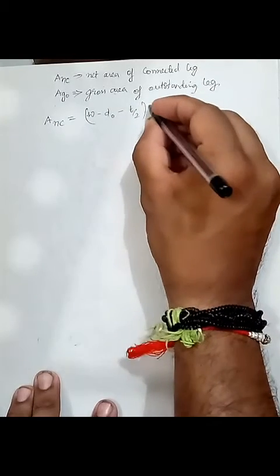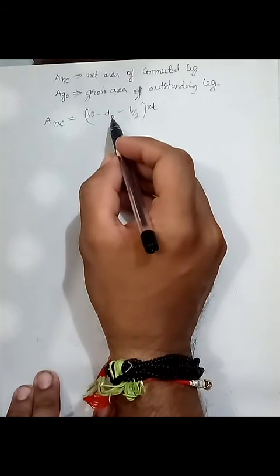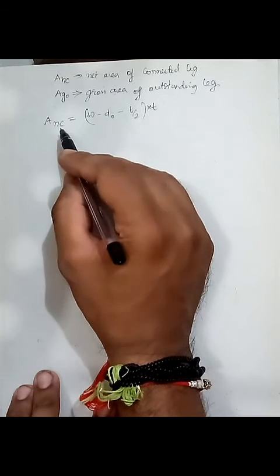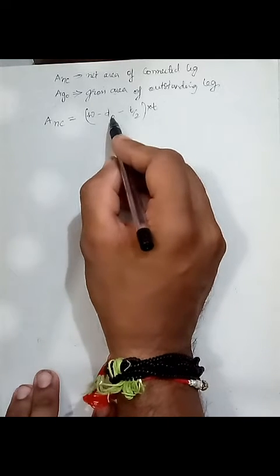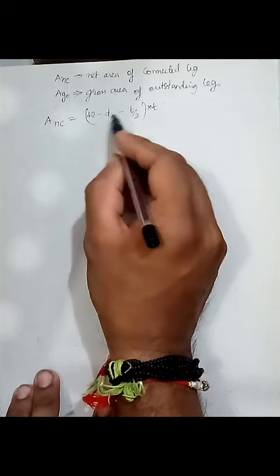So W minus D naught, it's the net area, right? So I have to remove the diameter of the bolt hole, and minus T by 2. So see here, the net area of the connected leg.